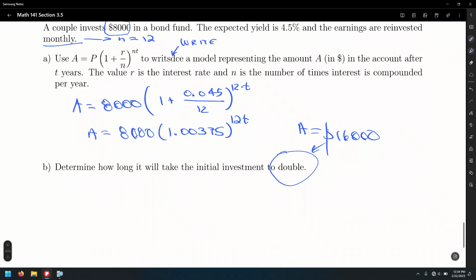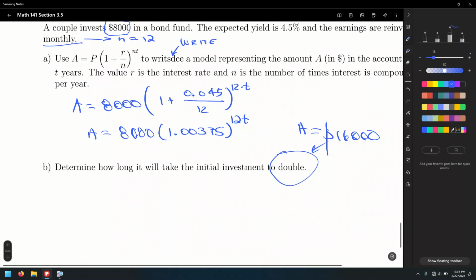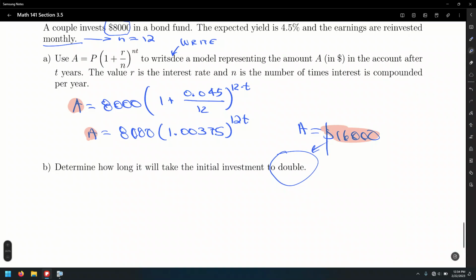So I'm going to replace the A with 16,000 and solve the equation. That's 16,000, not 100, come on. 16,000 equals 8,000 times 1.00375 raised to the 12t.